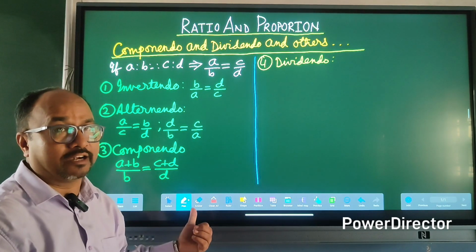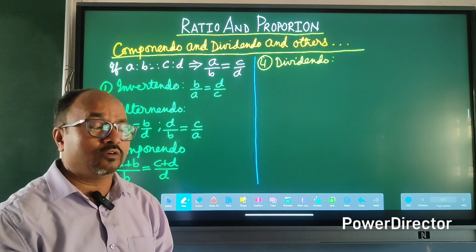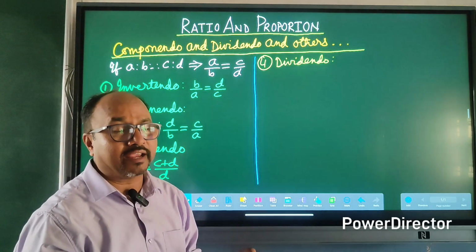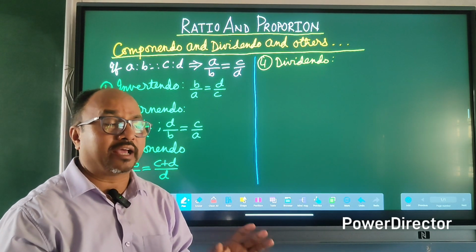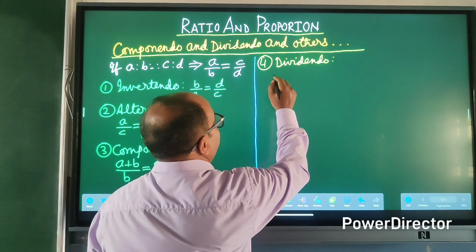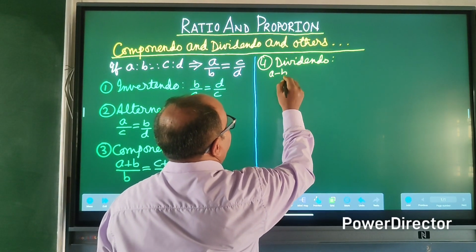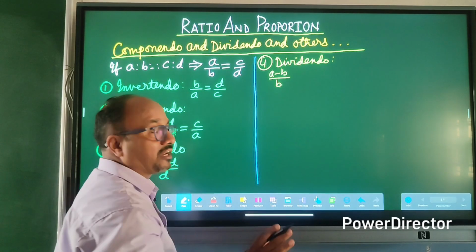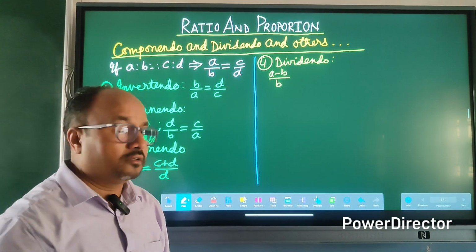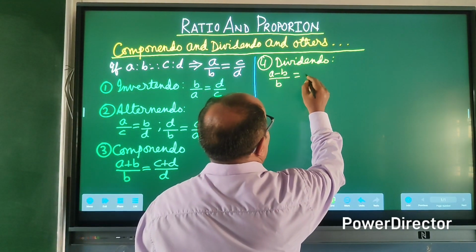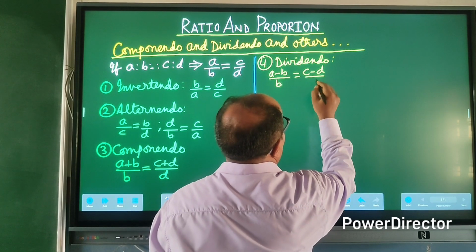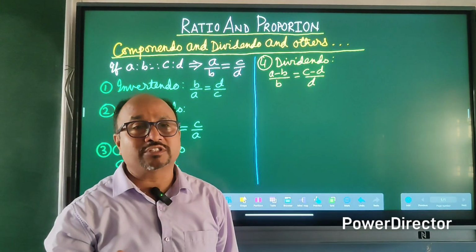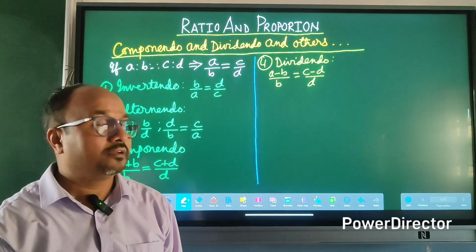Now dividendo is the same as componendo, but where it was addition we will write subtraction. So the numerator will be numerator minus denominator, and the denominator will remain as it is. The same thing is applied on the other side. So it is A minus B by B equals C minus D by D.